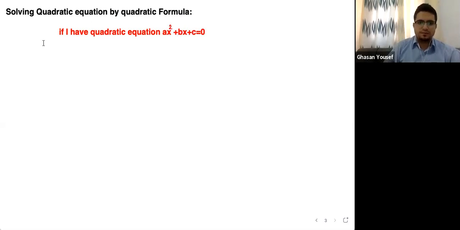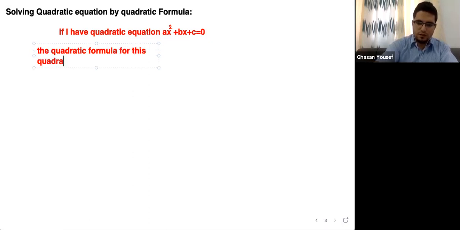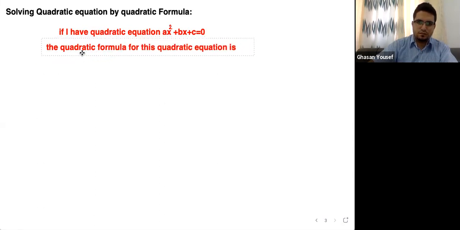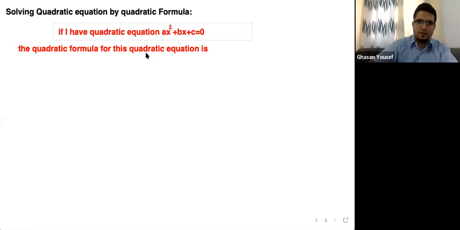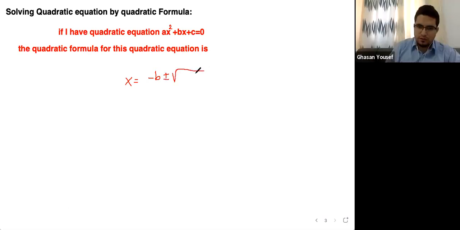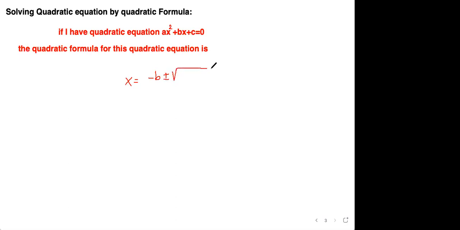So the quadratic formula for this quadratic equation is x equals minus b, plus or minus the square root of what? b squared minus 4ac, exactly, over 2a.